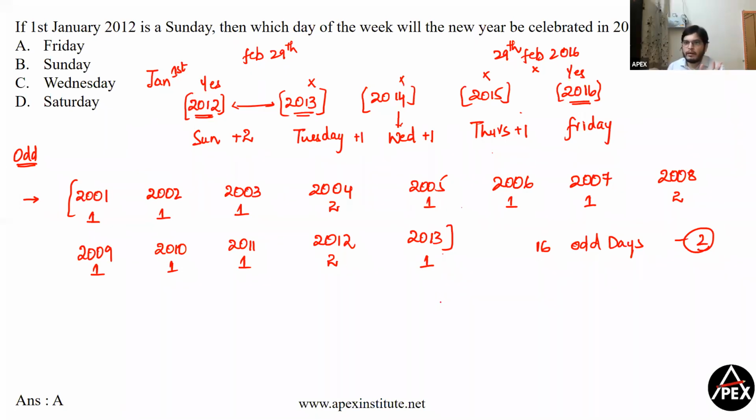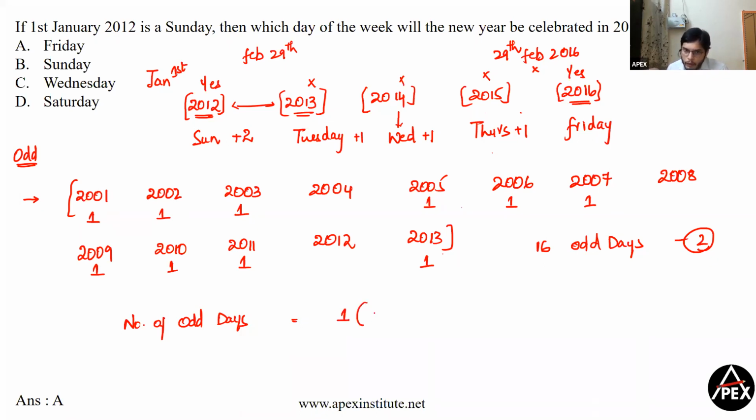We have a formula to determine that. Now I want your attention, please. Can I say that every year will have one odd day for sure, whether it is a leap year or a normal year? Yes. So for every year you will be having one odd day for sure.